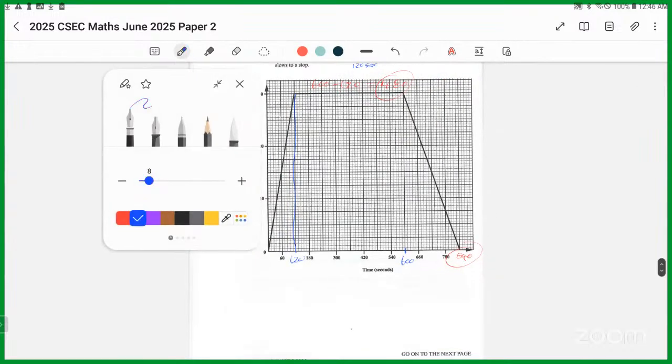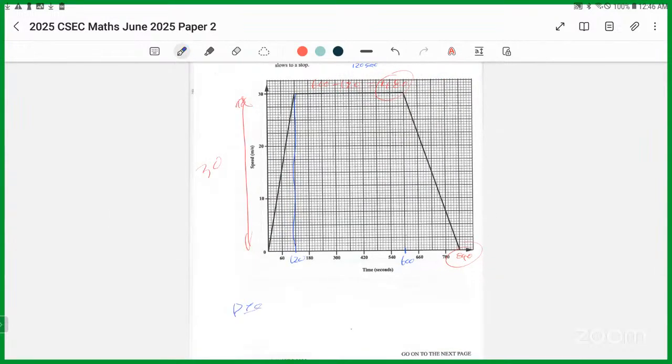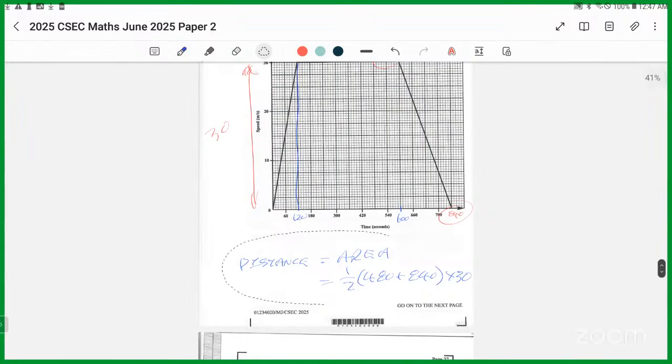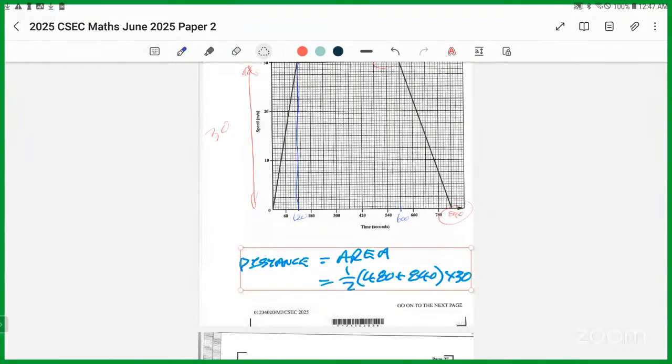So that's what I did here. Distance equals area. A trapezium is half the sum of the parallel sides, the 480 and 840, and the distance between them is 30. That's the calculation. Even when we calculate an area, distance is still in meters.